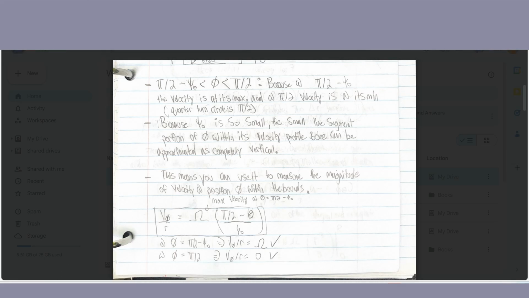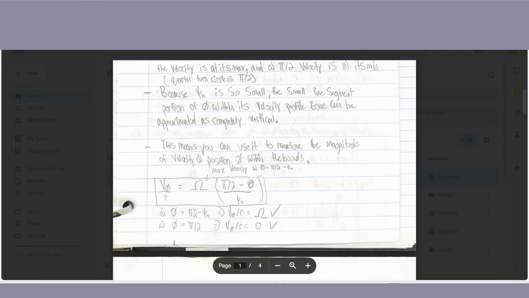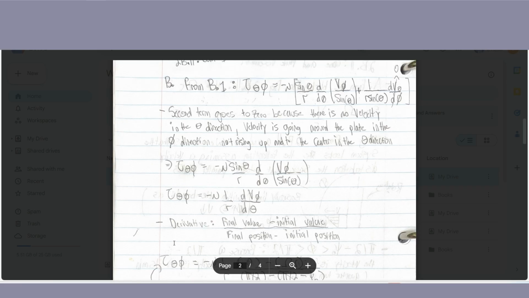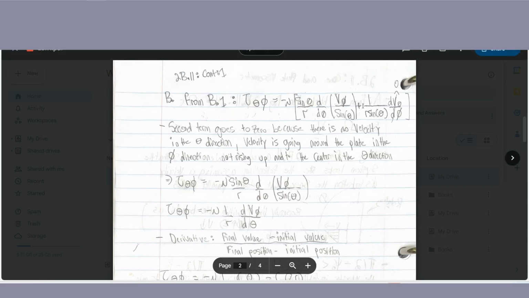This is phi, and this is theta. This is theta. Sorry, this is kind of confusing how it's written. I guess I'll just try to edit it around. But yeah, this expression goes to 0, and we have the equation for this expression.